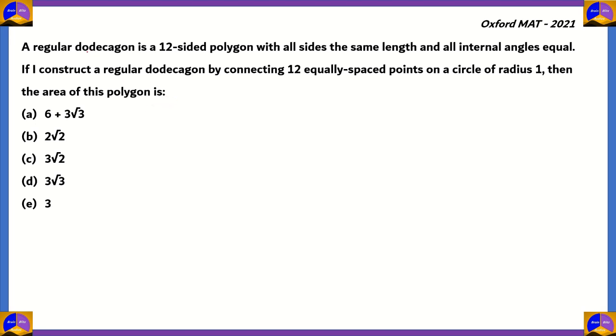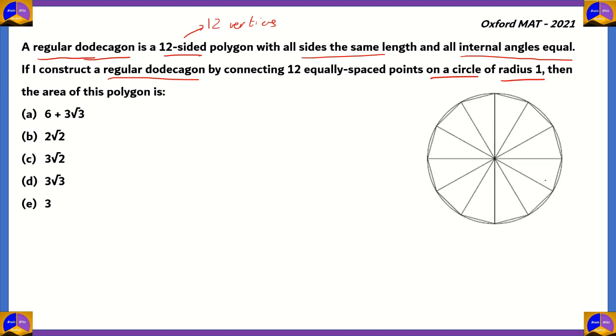So we have a dodecagon. 12 sides also means that it would have 12 vertices, and all sides are of the same length, and all internal angles are equal because we're using a regular figure. Now, we are constructing a regular dodecagon by connecting 12 equally spaced points on a circle, and its radius is 1. So this is what that figure would look like.